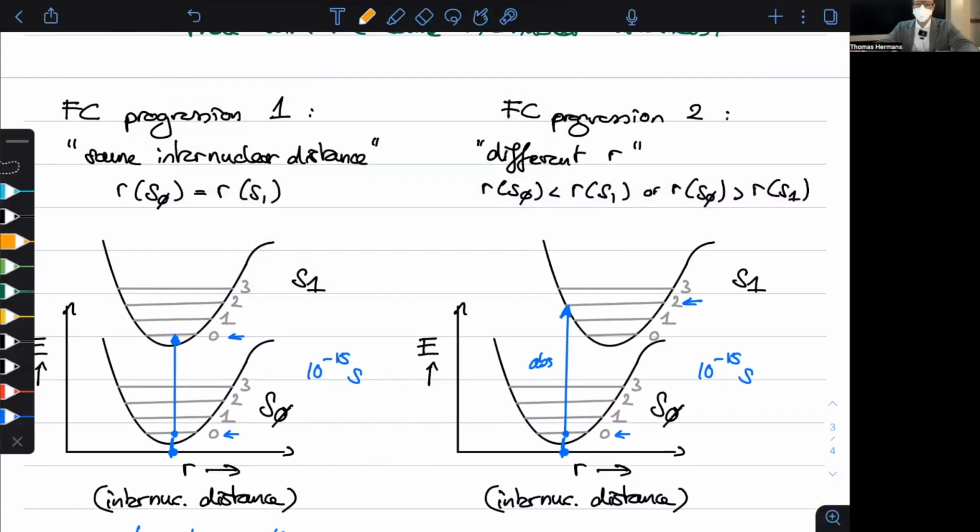We're going to get, after that, vibrational relaxation, right? So this energy will very quickly relax to the lowest vibrational level. So I'm here. And then we get fluorescence because the excited state wants to relax. It's going to emit a photon, and it's going to go straight, more or less.